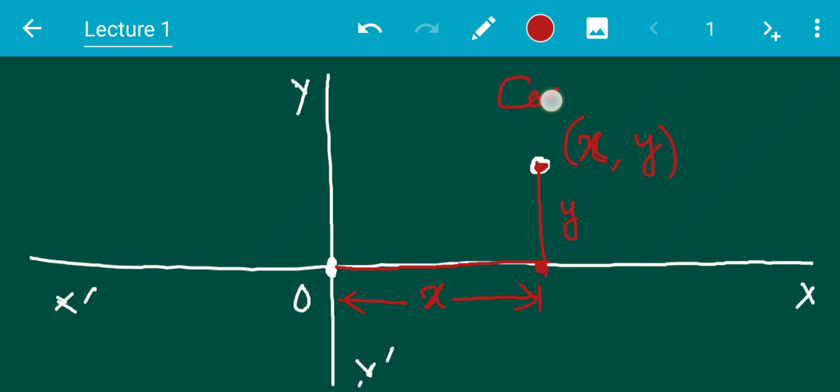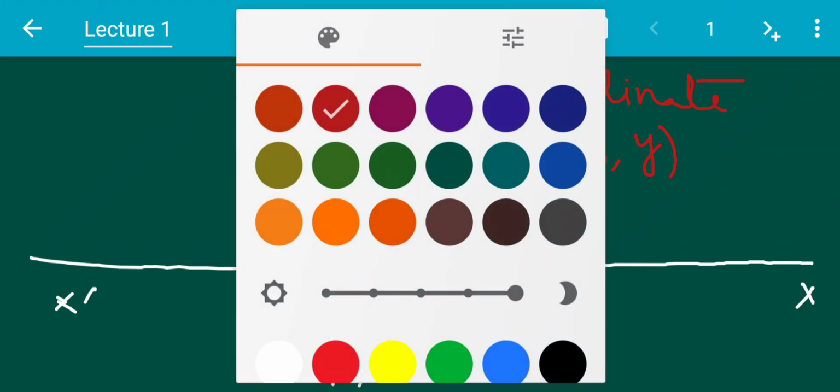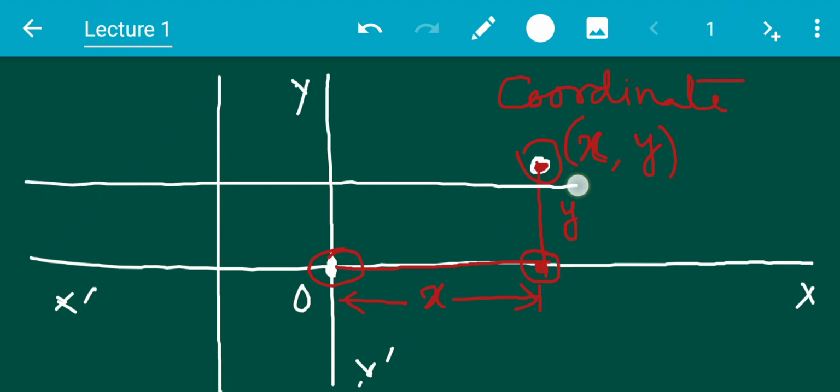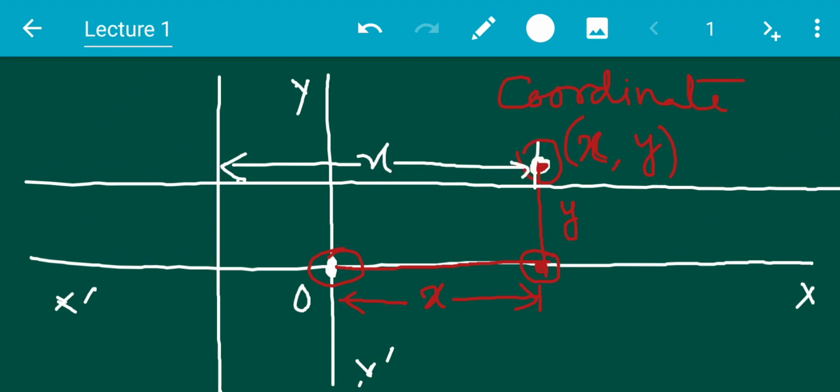So to reach this particular point, we start from the origin, move x distance along the x-axis, and then y distance along the y-axis. Now for the same point, if we change the Cartesian coordinate system, suppose I write it here, then the distance moved in the x-axis is this one, and y is this small portion.